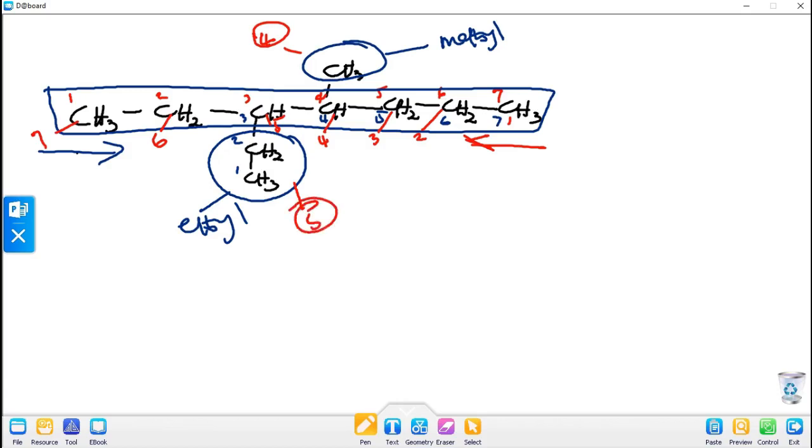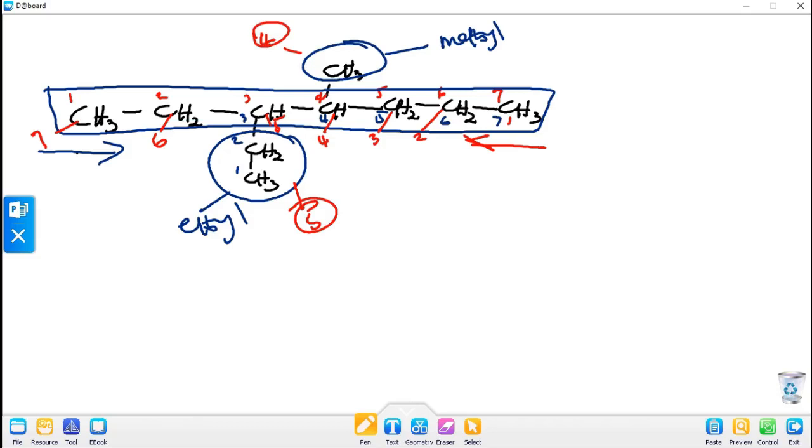So, the rule says if we have this type of numbering schemes, the direction that should be taken should be the side that gives the larger side chain the lowest possible number. So between ethyl and methyl, it is clear that ethyl is the larger side chain.